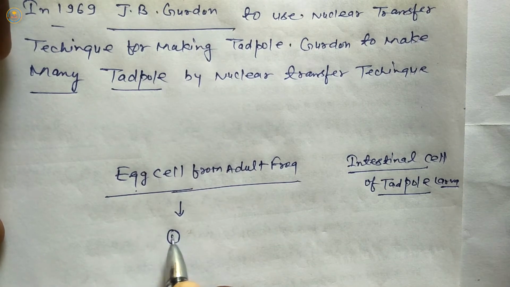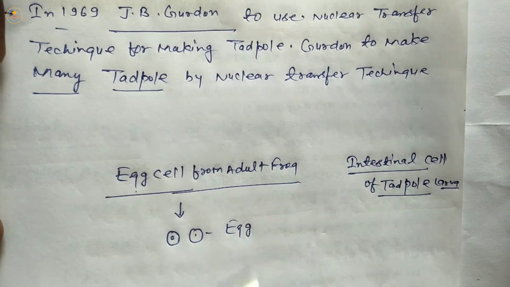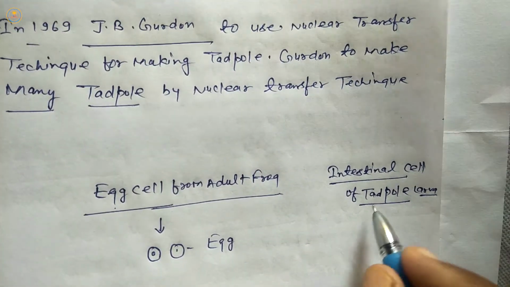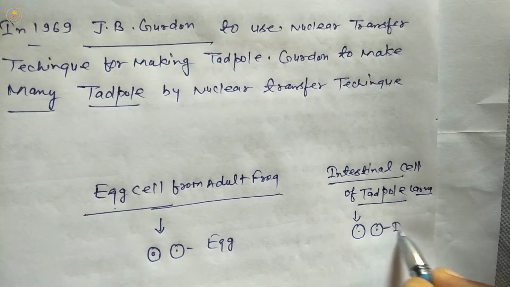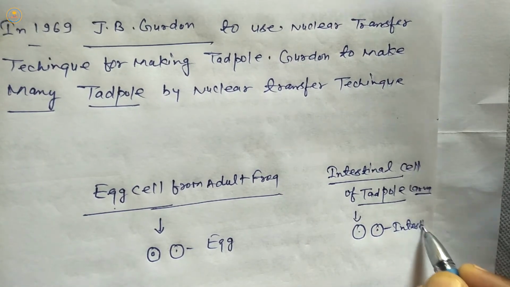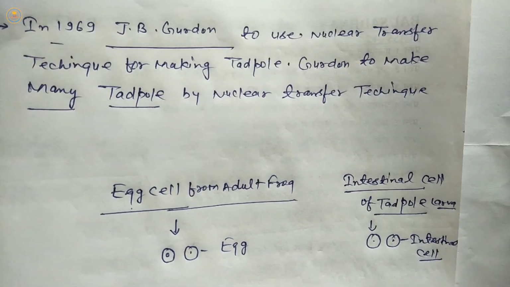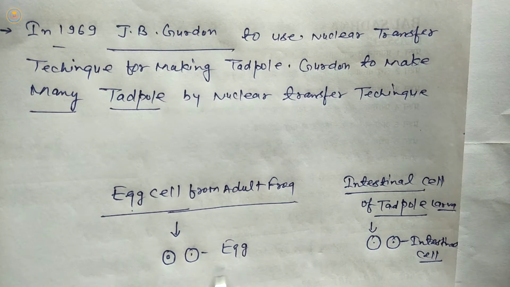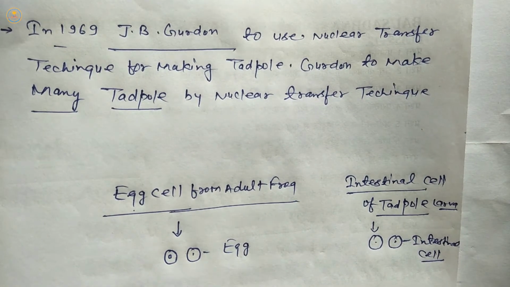We draw many eggs, haploid, and many intestinal cells, diploid.